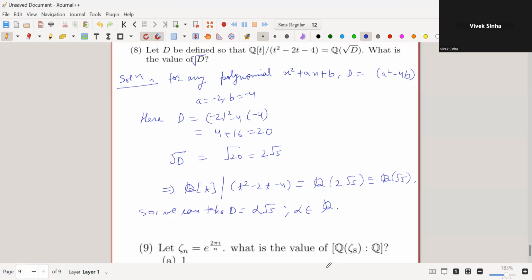So that is same as saying the question says let d be defined so that Q(t) modulo this is Q(root d). Okay. So then what is the value of root d? So you can take root d to be root 5 or any Q times root 5.